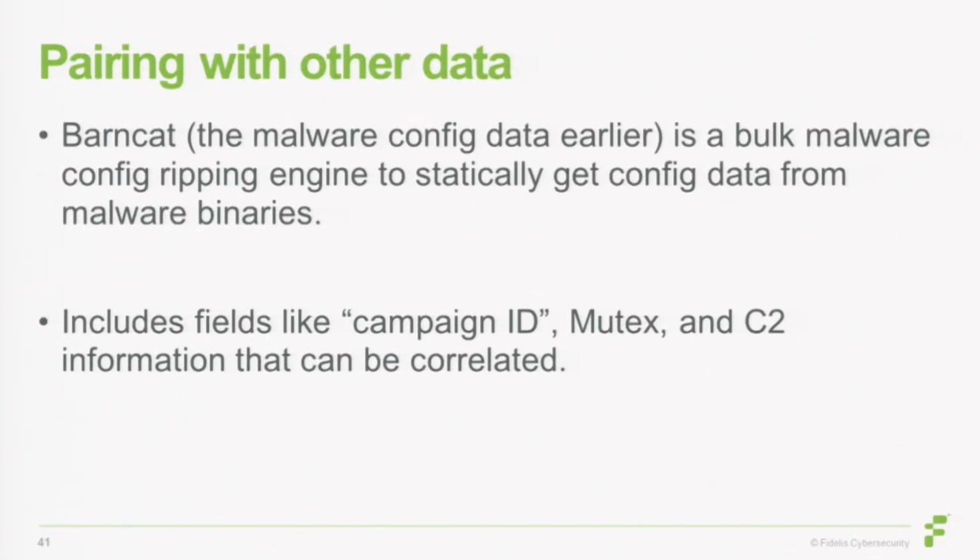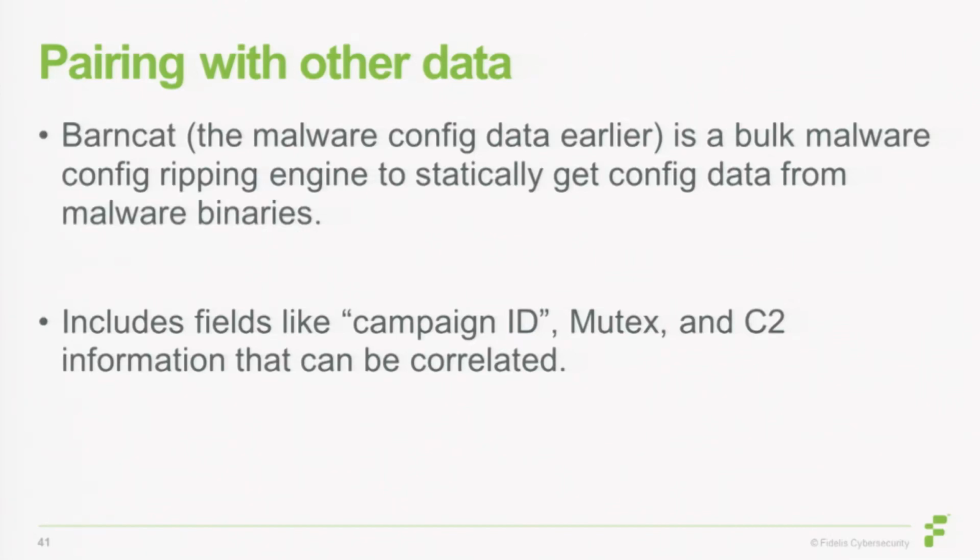Also, what you could do with some of these properties is start pairing it with other data sets. Early on, there were slides of malware configuration. Internally, we call that system Barncat, where it does a lot of static config extraction from malware, on a bulk scale.